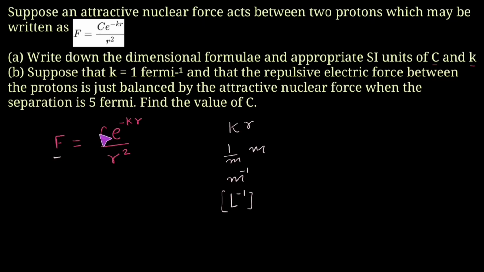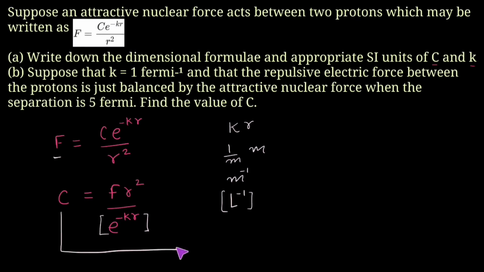Now coming to this C term, I'm just rewriting this equation as C equals F r square divided by e power minus Kr. In this formula, the numerator is F r square and the denominator is e power minus Kr. Here this denominator is a dimensionless quantity. So if we want to find out the unit for C, its unit would be Newton meter square.